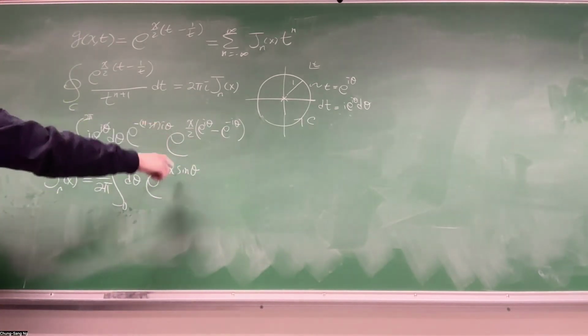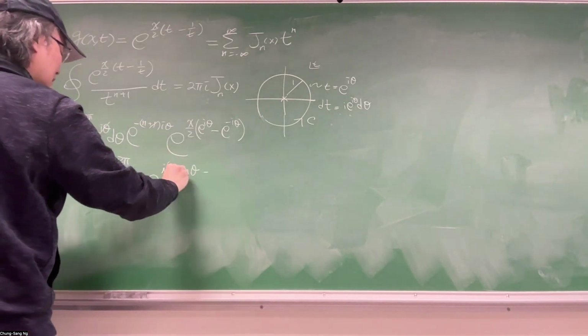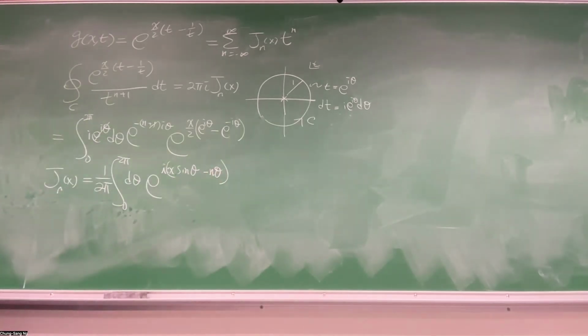And this one, you move it to the exponential function, becomes minus i n theta. So that is another way you can write it. This should be equation 14.17, the integral of x sine theta minus n theta d theta.